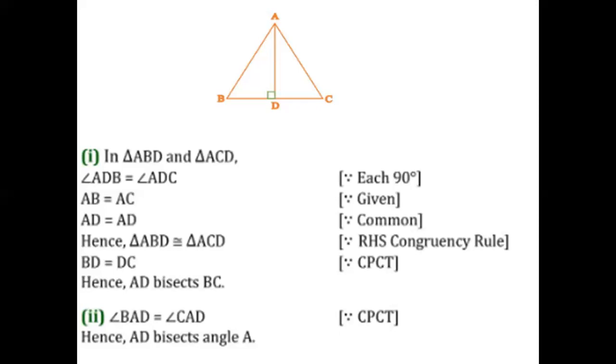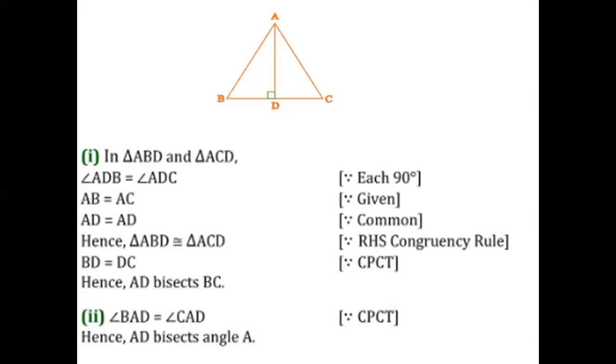AB of triangle ABD, which is a hypotenuse, is equal to AC, hypotenuse of triangle ACD. So even the hypotenuse is equal. And one of the sides, that is AD of triangle ABD, is equal to AD of triangle ACD. Hence, I can say that triangle ABD is congruent to triangle ACD by RHS congruency rule.